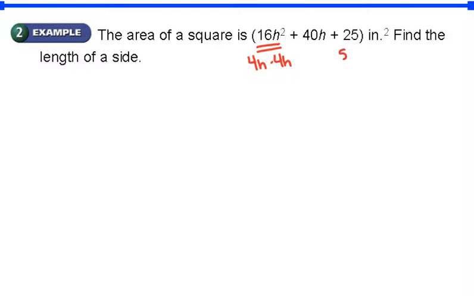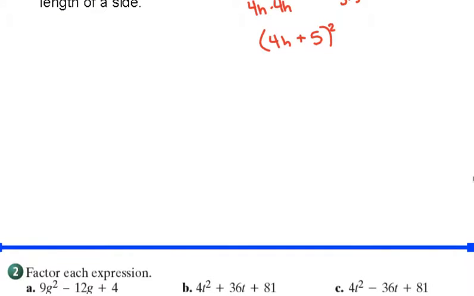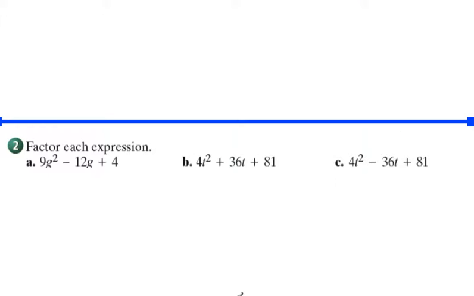Yes. It's 5 times 5. 4h times 5 is 20h, times 2. Does that match the middle term? Yes, it does. So therefore, we have (4h plus 5) squared. And that's it.